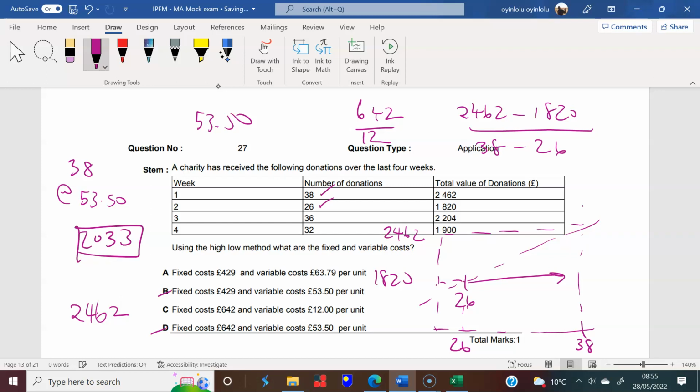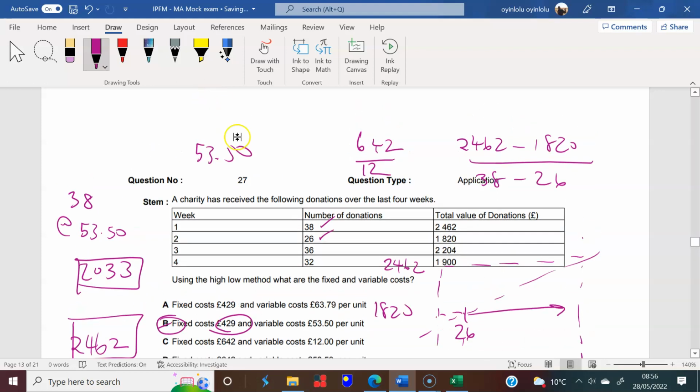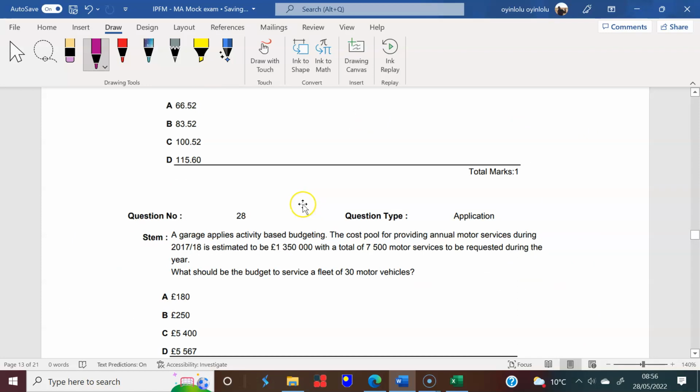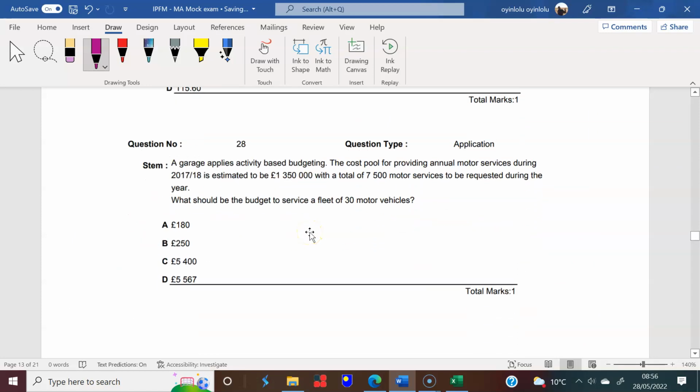So that's the total variable cost, and the total cost is 2462. So minus 2033, and therefore you have a fixed cost of 429, and that takes us to B.